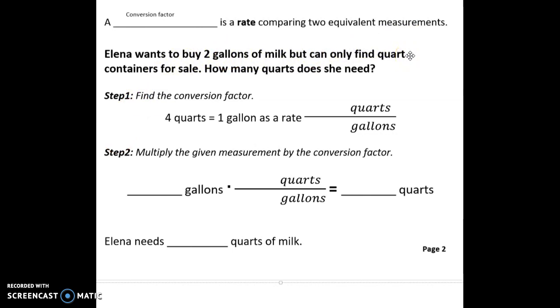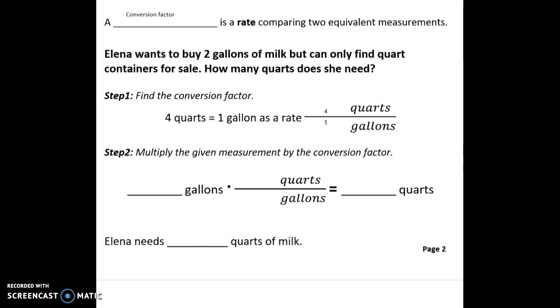According to our conversion table from STAR, we have 4 quarts equals 1 gallon. And remember, if one of these is a 1 and we create a unit rate, the 1 goes on bottom. So for every 1 gallon, we have 4 quarts.